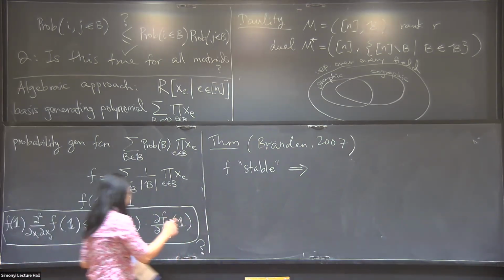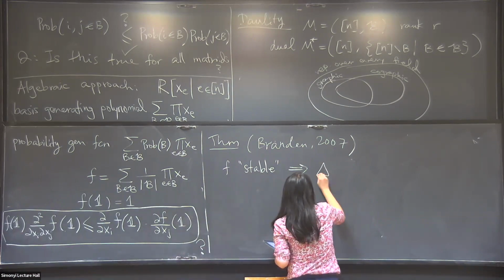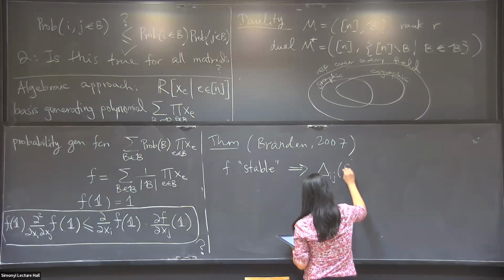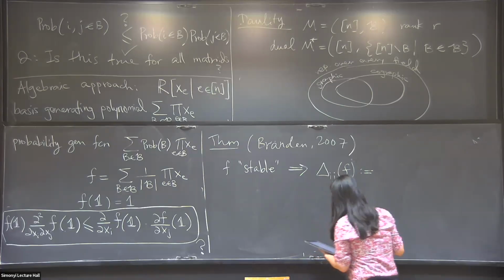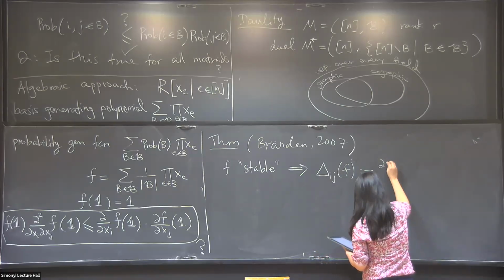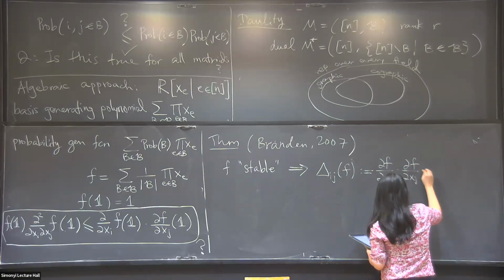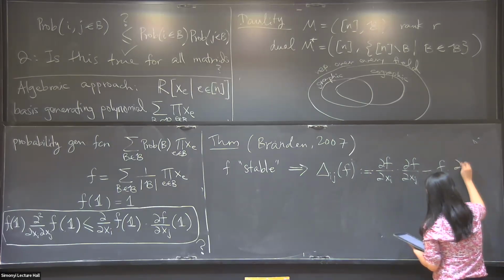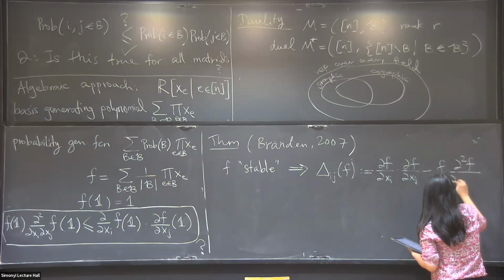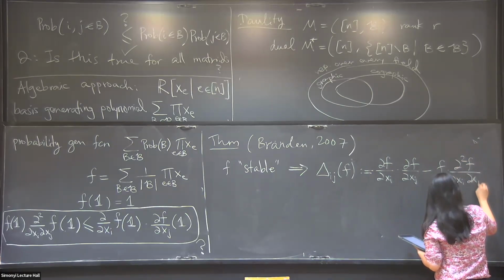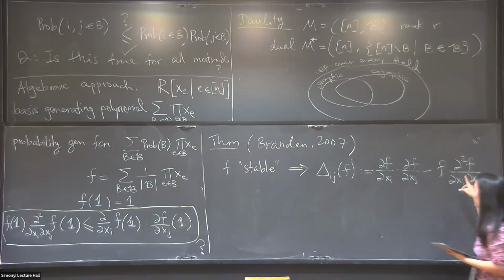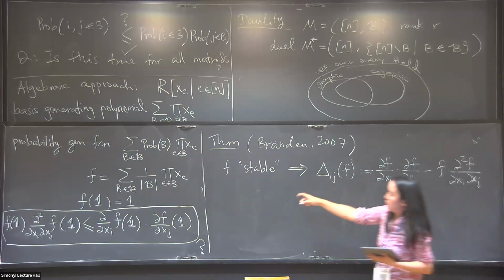So here's the notation: delta ij of f is defined to be the following expression. The derivative of f with respect to xi times the derivative of f with respect to xj, minus f times the second derivative with respect to xi and xj. So this is again a polynomial, where f is a polynomial.